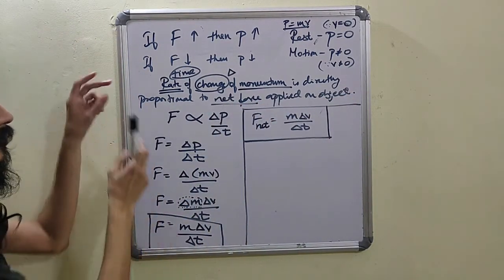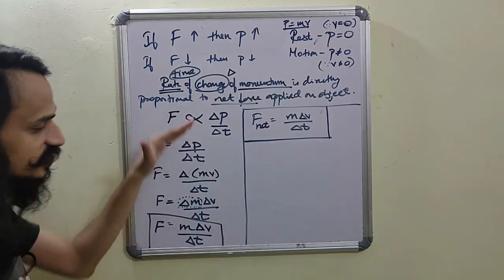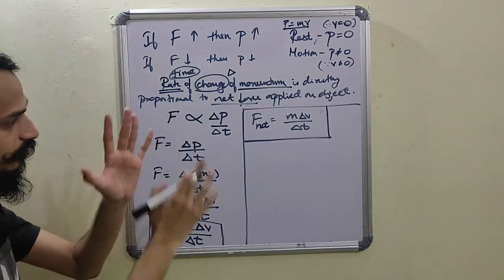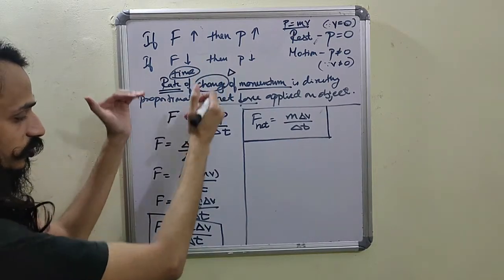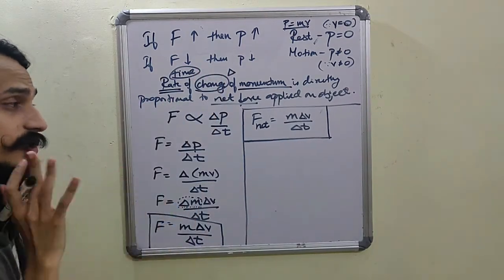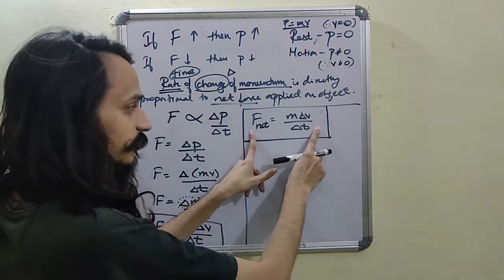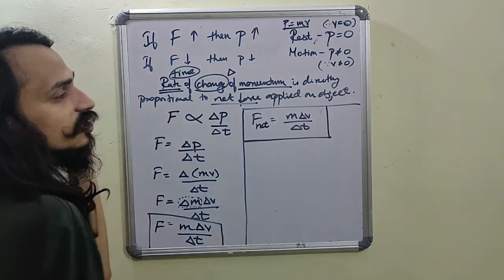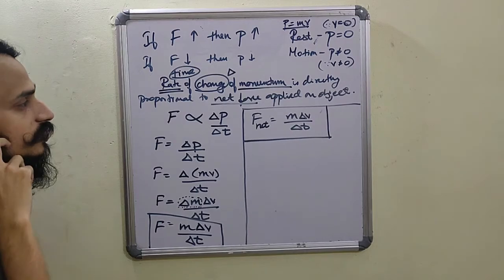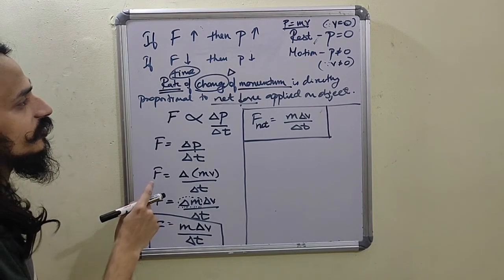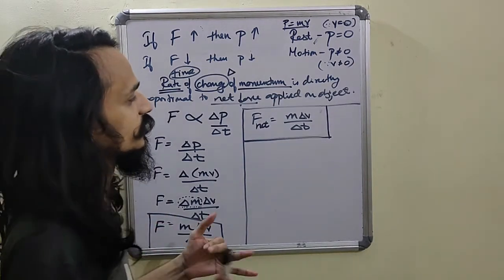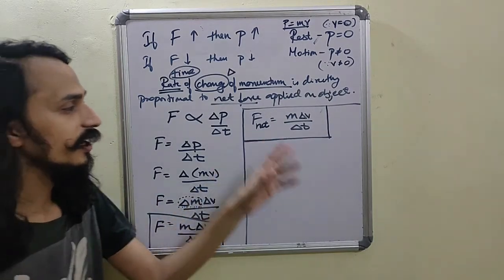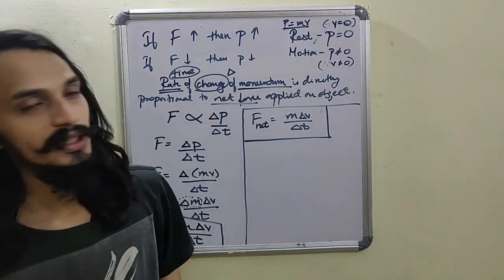If you remember this, it's very easy to come down to this if you remember the steps. If you are not able to go through the entire process, it's perfectly okay. Make sure you remember this formula and the sentence. This is another way to talk about the second law of motion also. Rate of change of momentum is directly proportional to net force applied on the object. F net equals m delta v by delta t.